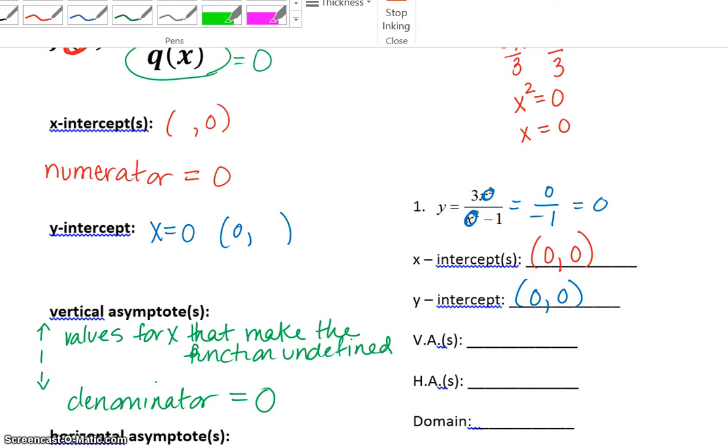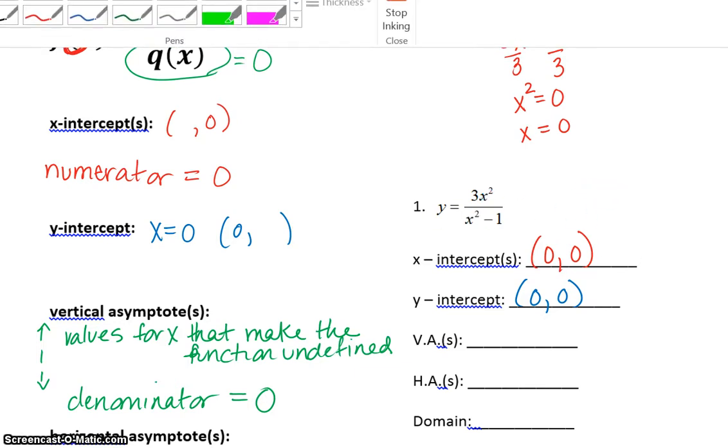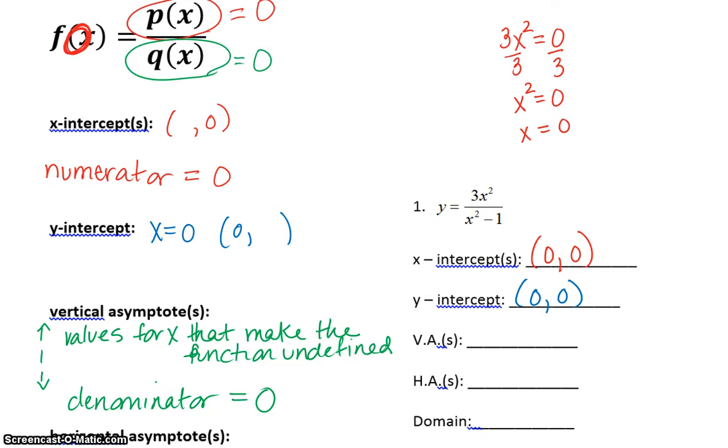Okay, so going back over here to our example, what x values make this function undefined? Whatever's undefined is dividing by 0. So what x's would make that happen? x squared minus 1 equals 0. We can factor that as (x minus 1)(x plus 1) equals 0.